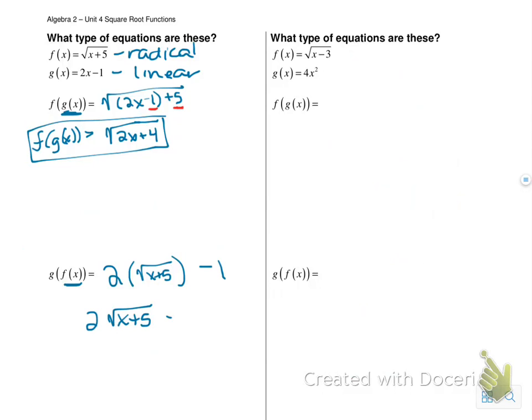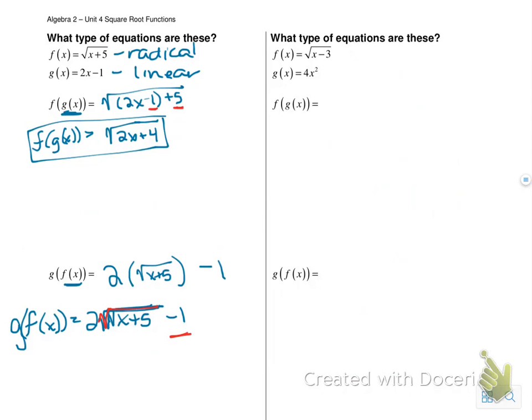But other than that, there is no simplification I can do further. So g of f of x equals 2 square root x plus 5 minus 1. Just make sure your radical only goes over the x plus 5 and that the minus 1 is here at the end.